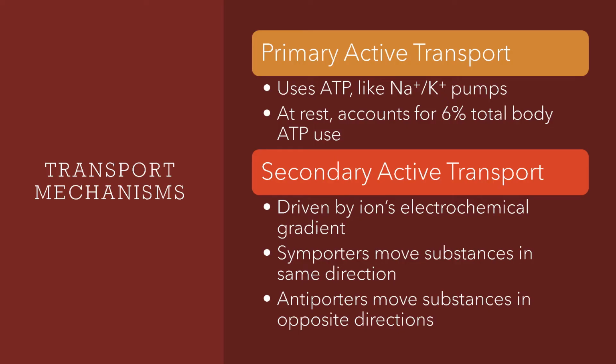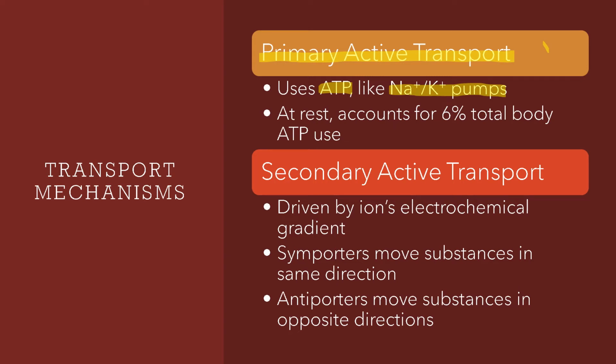Now recall that transporting materials across membranes can either be active or passive. Remember that in primary active transport, the energy derived from the hydrolysis of ATP is used to essentially pump a substance across a membrane. So the sodium-potassium pump is a really good example of a primary active transport pump.